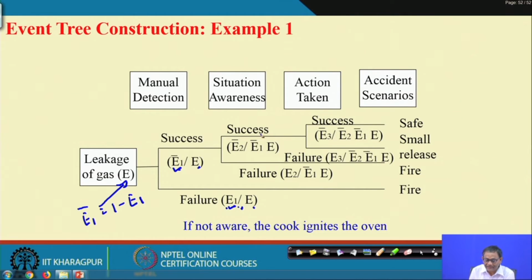Now, in that case what will happen? The second case, leakage, manual detection E1 bar, E, here E2 given E1 bar, E, and like this.